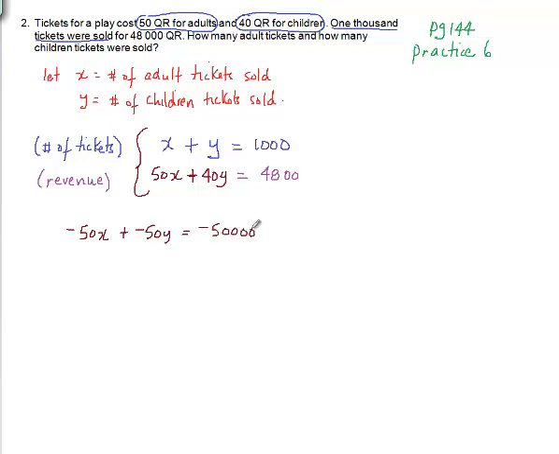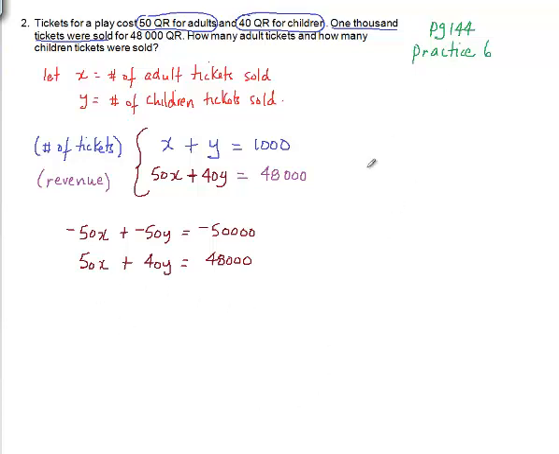So I multiplied the top equation by negative 50. And the bottom equation, I'm not multiplying by anything. I'm just going to leave it as it is. Alright, so I've just multiplied the top equation by, well, that should be 48,000 there. Let me just make sure, yeah.